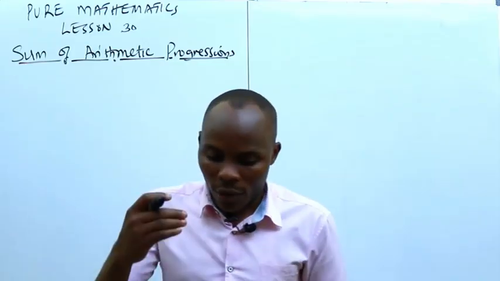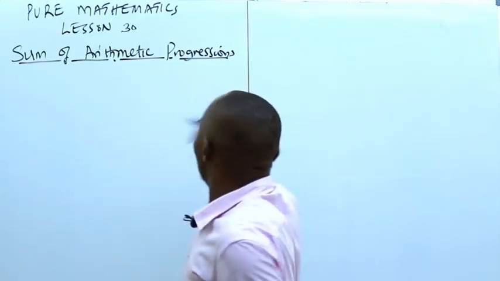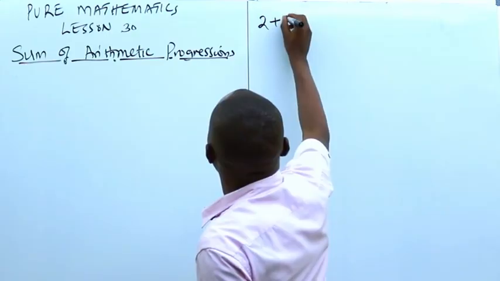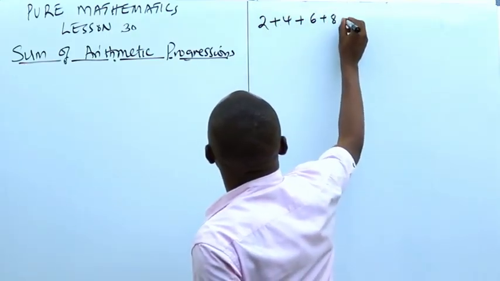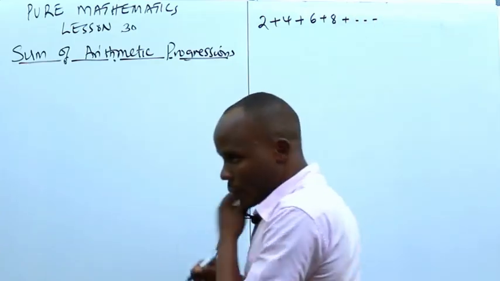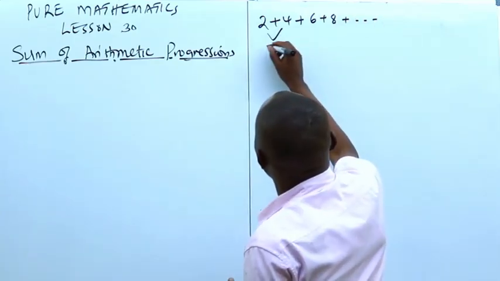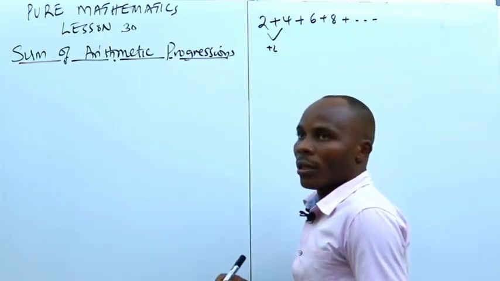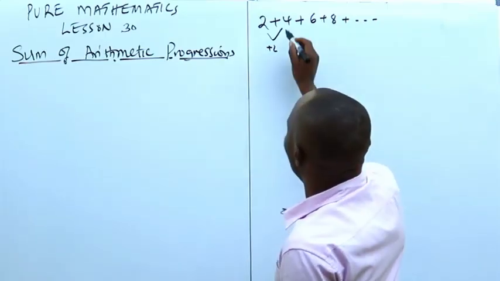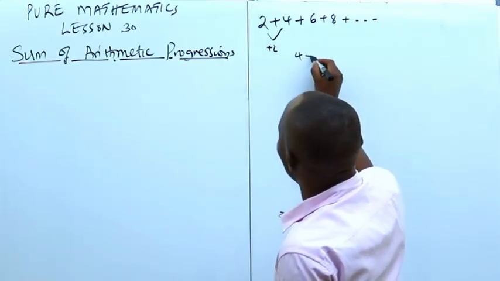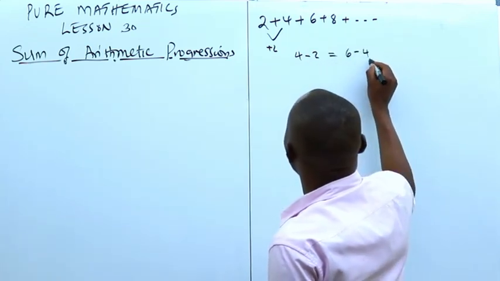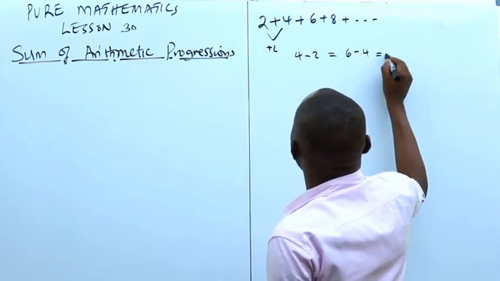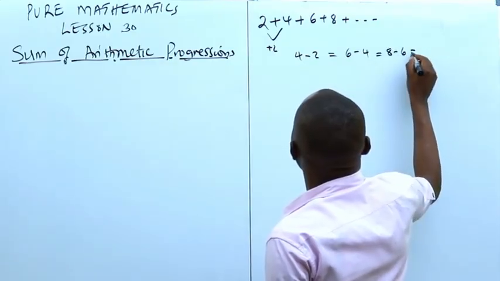For example, from 2 to 4, from 4 to 6, from 6 to 8, and so on. You can see we are adding a certain value, 2. And if you get 4 and take off 2, you get the same result. You get 6 and take off 4. And it will be the same result if you get 8 and you take off 4.